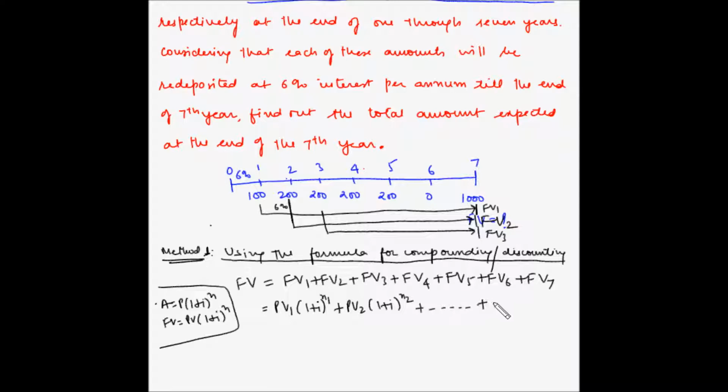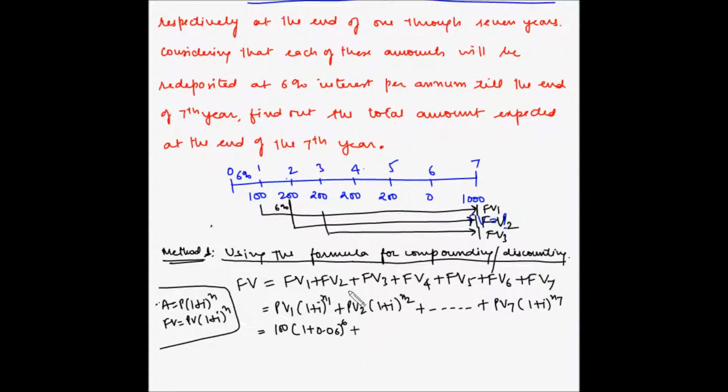And then FV7 will be PV7 into 1 plus I to the power n7. So let's plug in these values. So this is equal to PV1 is 100, so 100 into 1 plus 0.06 to the power 6, because this amount is being compounded for 6 years.